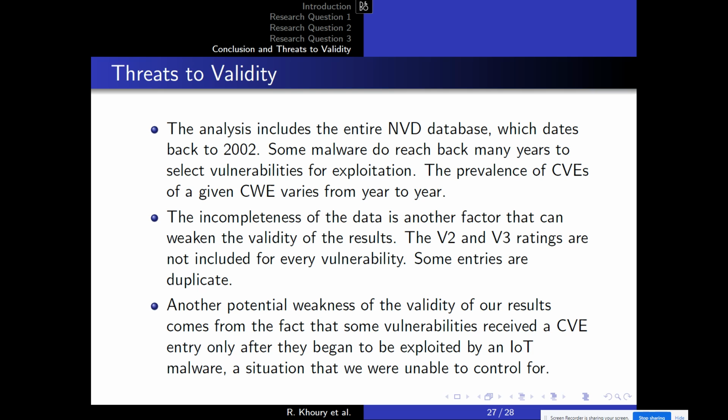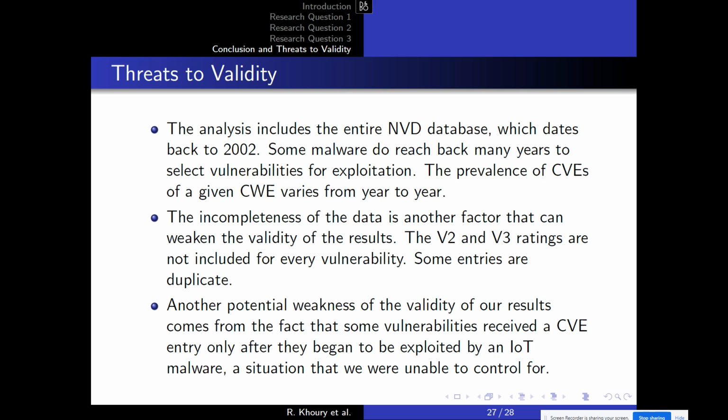The incompleteness of the data is another factor that weakens the validity of the results. The V2 and V3 rating were not included for every vulnerability in the database. Also, it's well known that some entries in the NVD are duplicates. There's one in the 99 exploited vulnerabilities that we believe is a duplicate of another.